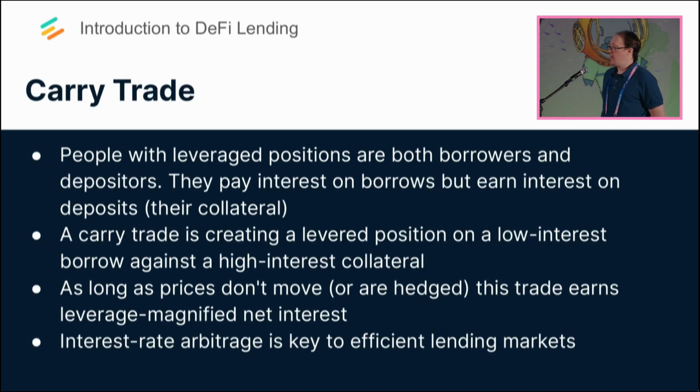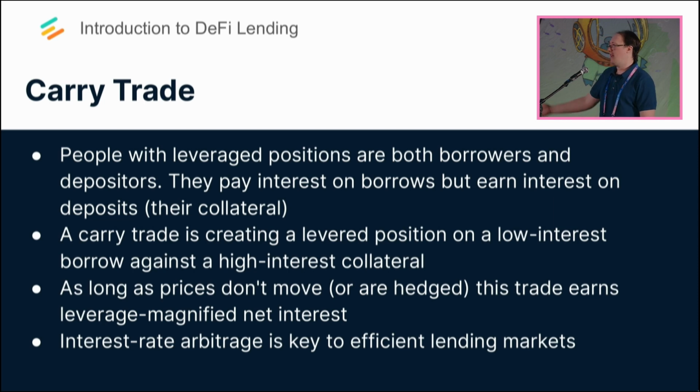One of the very advantageous things that people like to do, which has a net benefit of improving the system by improving its efficiency, is arbitraging interest rates. The idea is that if you see one lending market has a low interest rate and another has a high interest rate, you can take advantage of that for a profit.